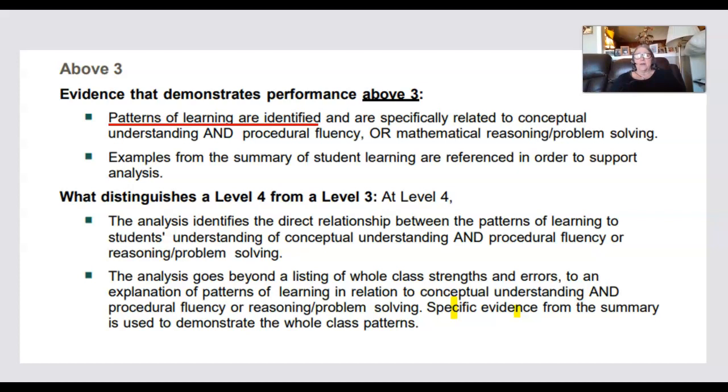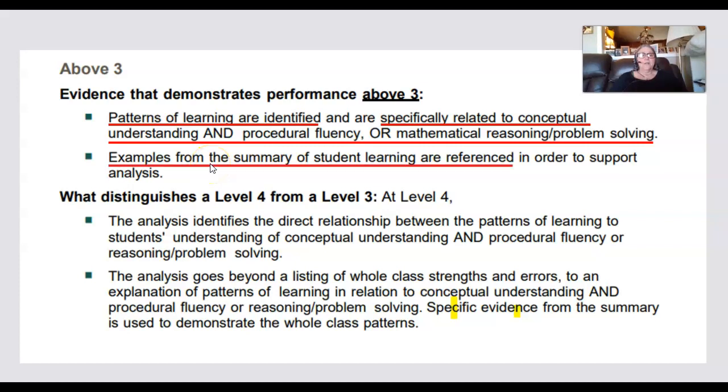That's a learning pattern, but you'll want to be more specific, going by your own central focus and your objectives as to what those were. You want to relate those learning patterns to conceptual understanding and one of those other two, procedural fluency or mathematical reasoning. You're going to refer to the summary of your student learning. So you're going to be constantly referencing your graph.